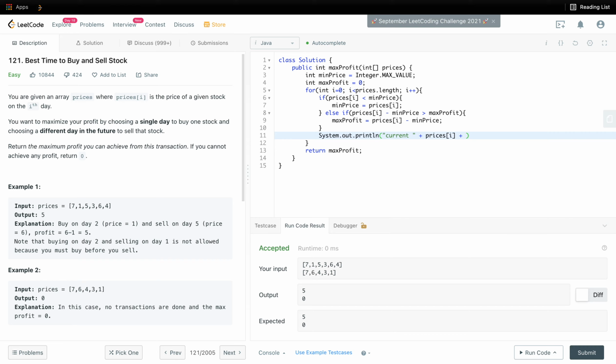Then we'll print minimum price, and at the end we can print profit.